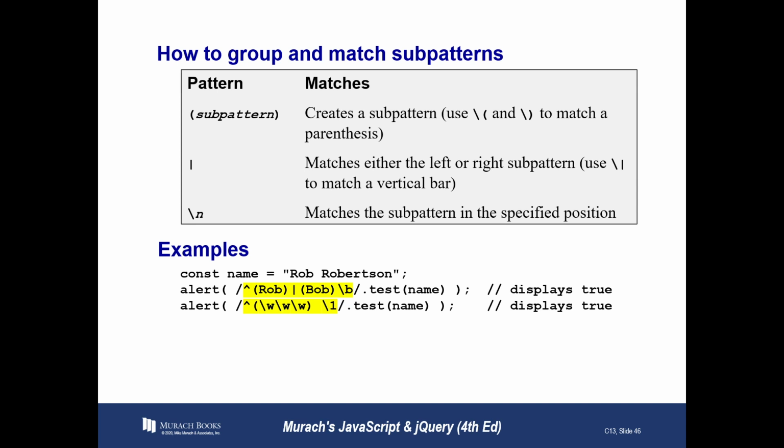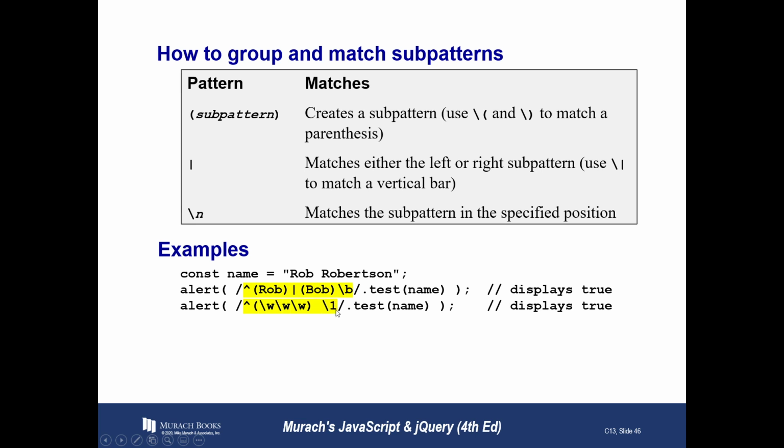And we can also use this pipe to say this one or this one. So I'm looking for Rob or Bob. One of them will be matched. And Rob is at the beginning of the word. And this example will be true because we do have a Rob at the beginning of a word.